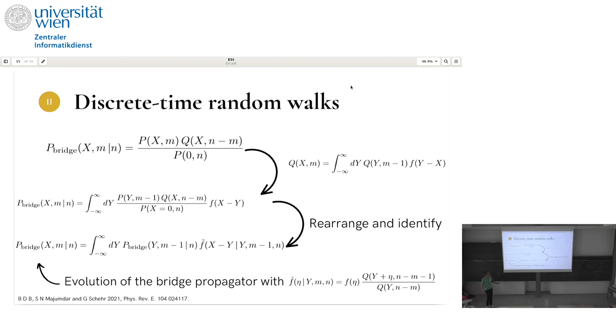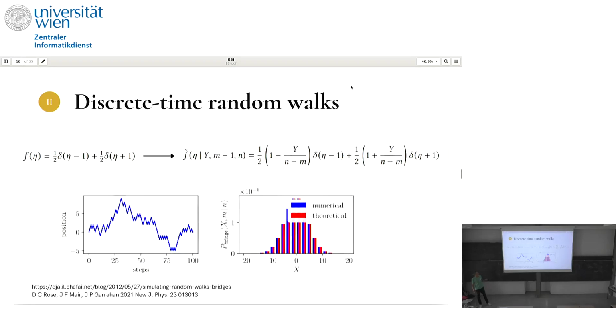So in a sense, this effective jump distribution, if you want to interpret it, is the free one, modified by saying that if I'm at y at step m, then I get a weight, which will be: I still need to go to the origin from y plus eta during n minus m minus 1 steps, divided by the probability that I go to the origin from where I am currently. And this is somehow a general idea behind the Doob transform. Okay. So here it is applied to discrete time random walks.